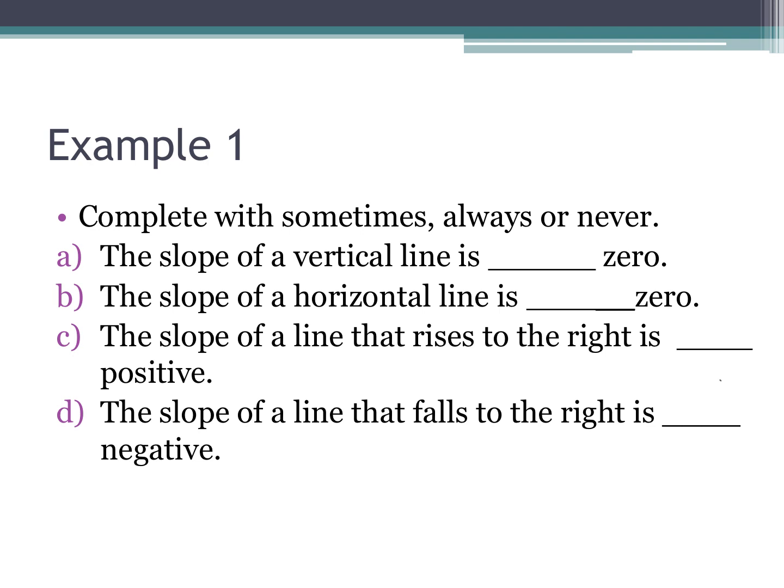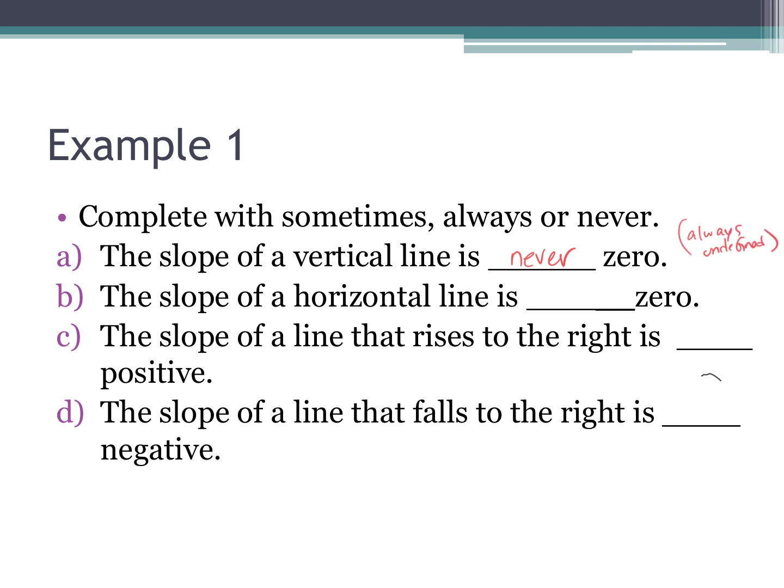So now we're going to fill in some of these spaces. It says complete with sometimes, always, or never. The slope of a vertical line is sometimes, always, or never 0. It is never 0. It is always undefined.